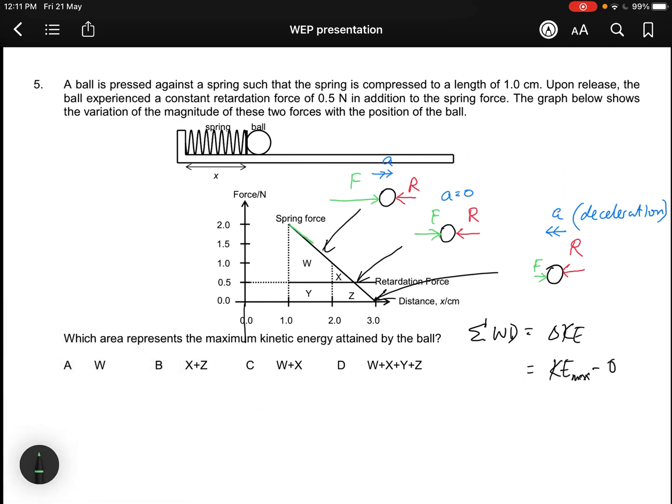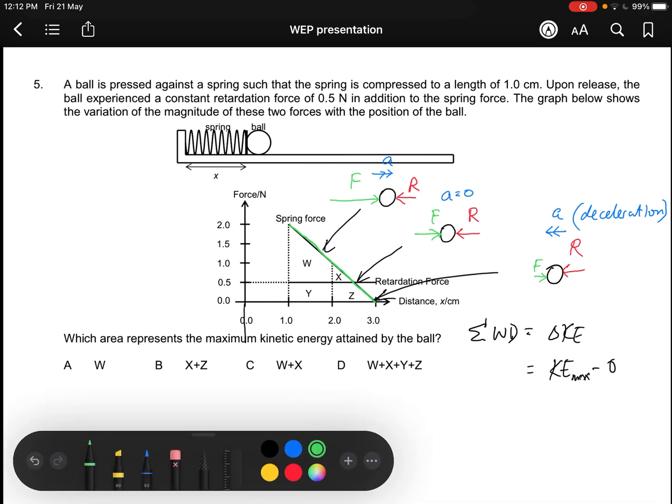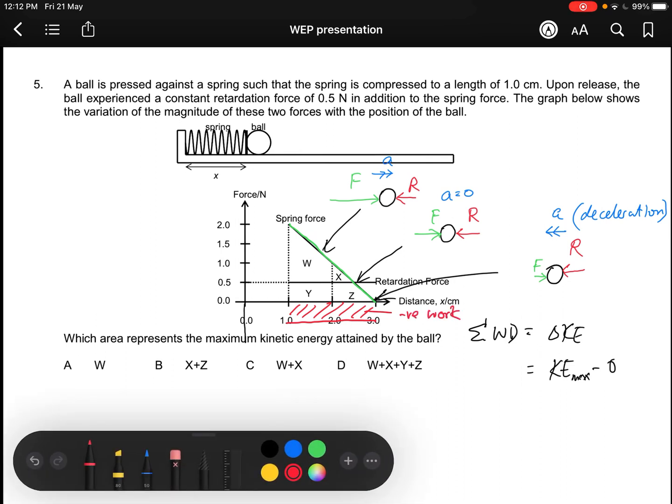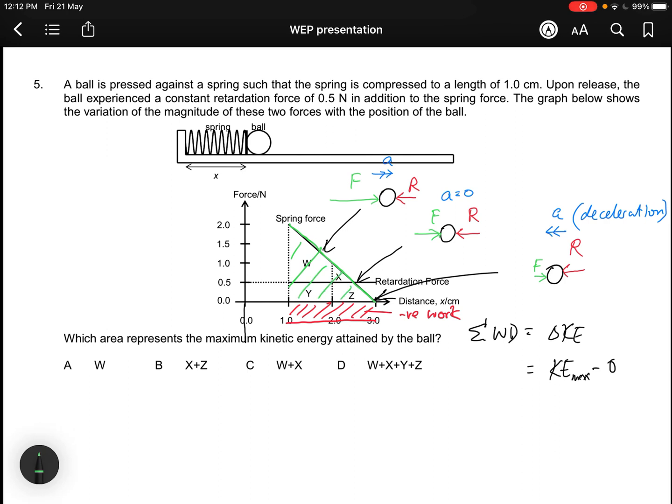This will be the spring force in the positive direction, and this will be the retardation force. And the work done by it is the negative work, whereas the work done by the spring force is a positive work.